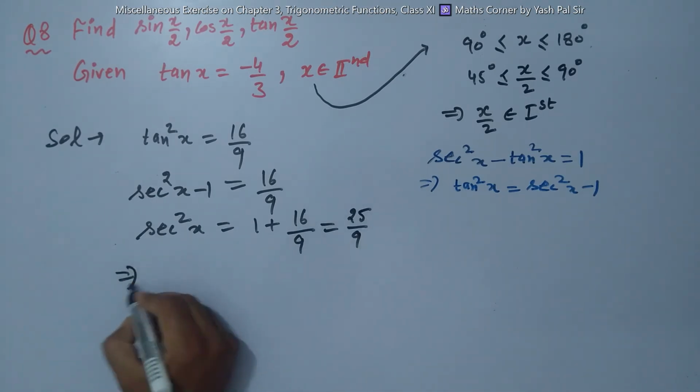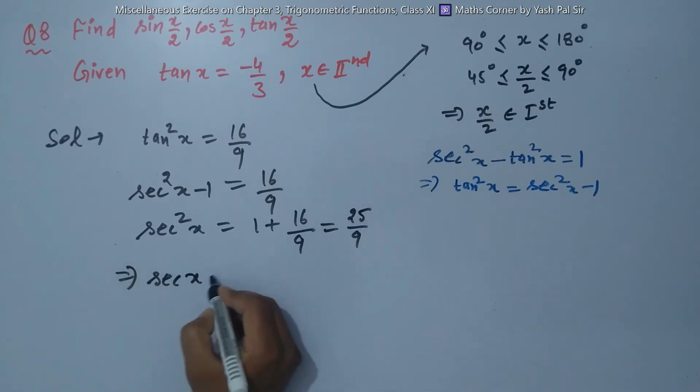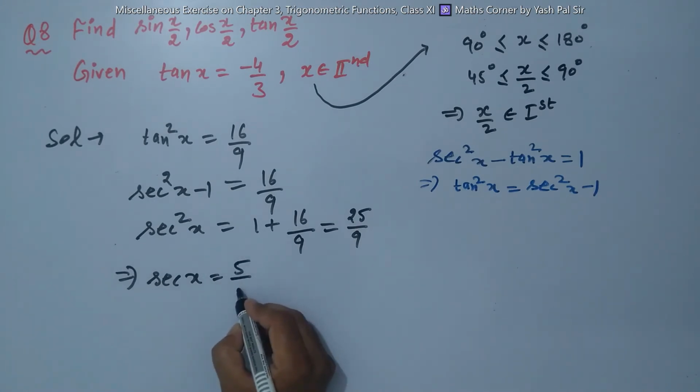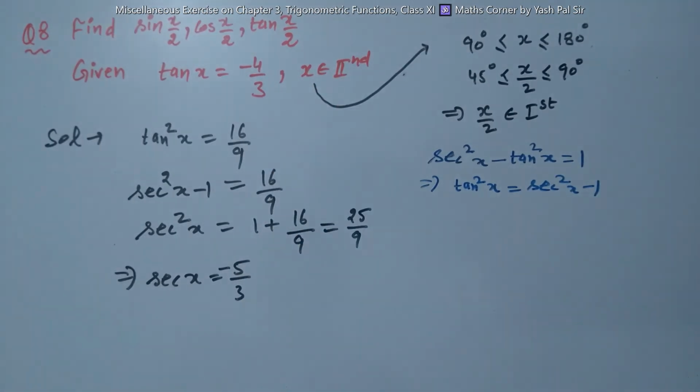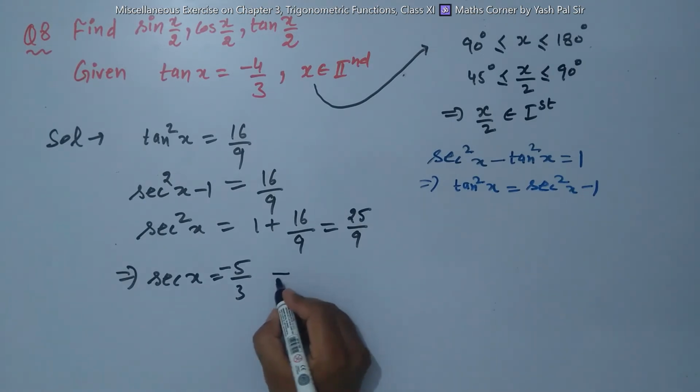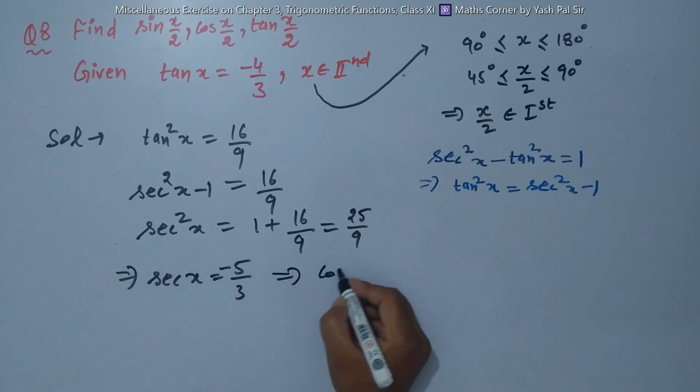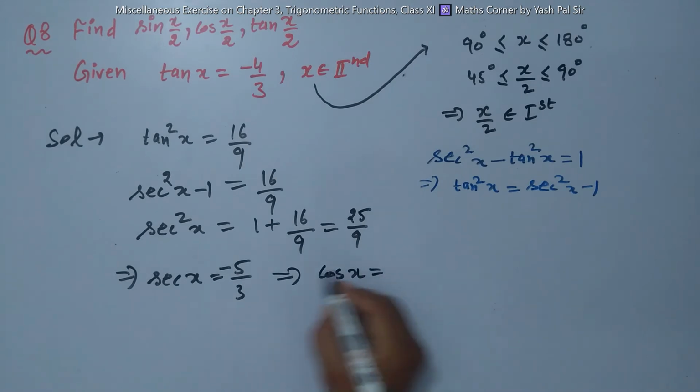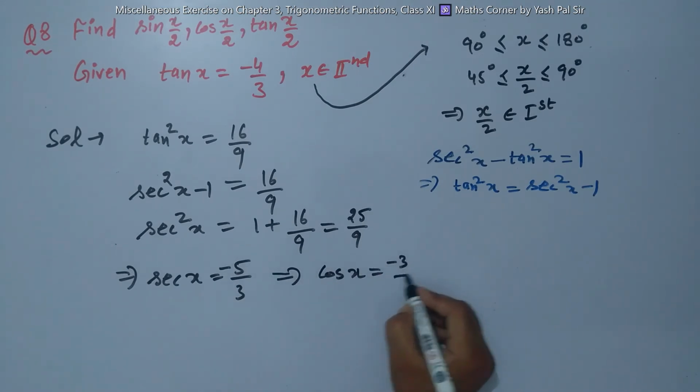So we can conclude here that secant of x is equal to 5 upon 3. This is negative because x lies in the second quadrant. So from here we can find the value of cos of x, which is equal to minus 3 upon 5.